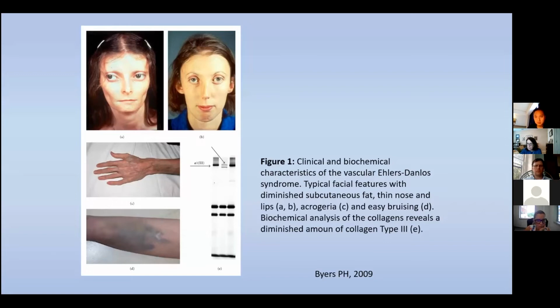When you see this facial appearance, it's very suggestive of the vascular type of EDS, but not every person with the vascular type of EDS will have this facial appearance. So it's not seen in every case. And you can see the older looking hands in this woman who's just in her 30s, and the biochemical analysis that shows a diminished presence of the amount of collagen type 3.